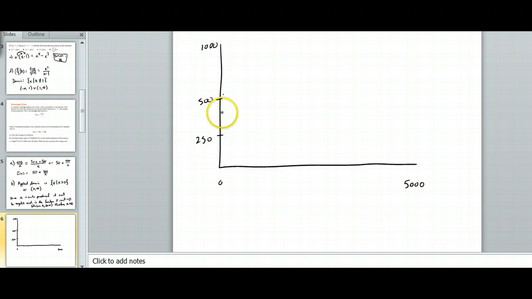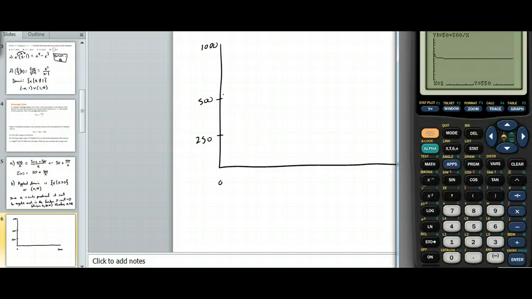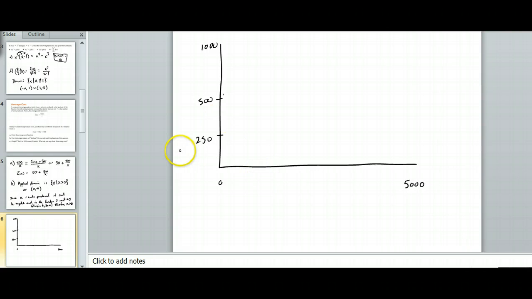Alright, then ten gives me 100. We're talking about already down to like right here. So there to there, and then it just starts leveling out.